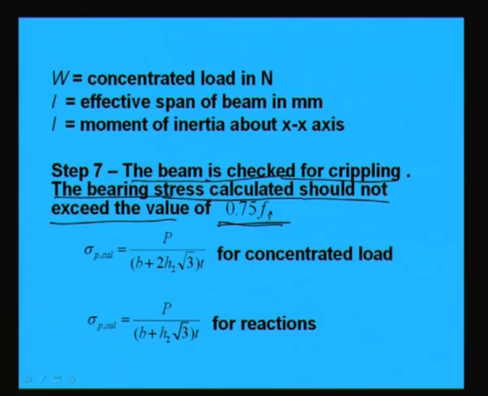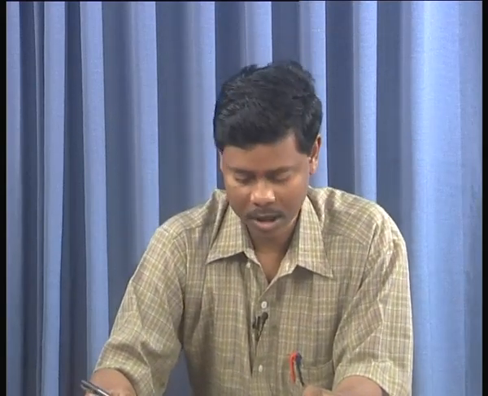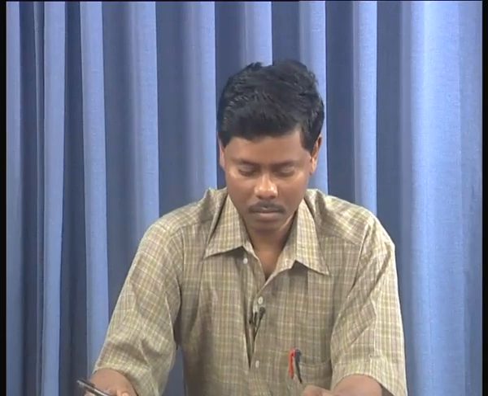We know crippling happens basically when the load is acting as a concentrated load at a particular section, then on that portion the crippling effect may happen, and at the support, suppose a pin support is there, where the concentrated reaction will develop, there also this crippling effect may happen. So, we have to check whether this is exceeding the bearing stress or not.